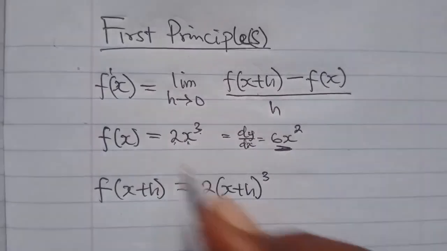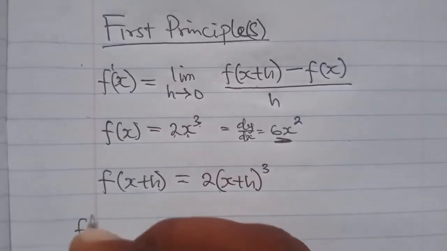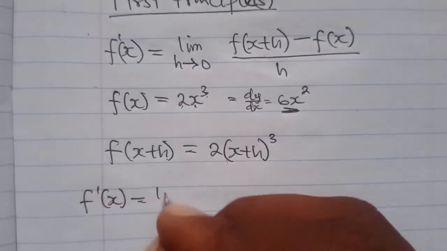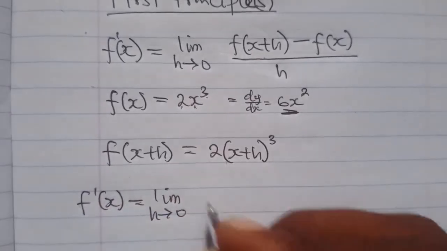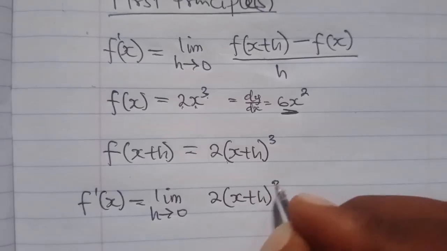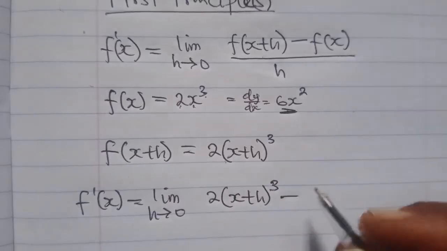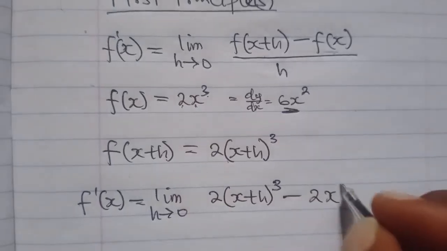Then for f of x, we already know what it is. Therefore, we can say that f prime of x can be given as the limit as h tends to 0. We'll now write 2 into x plus h cubed minus f of x, which is 2x^3.